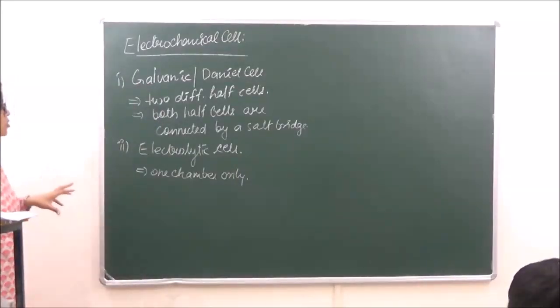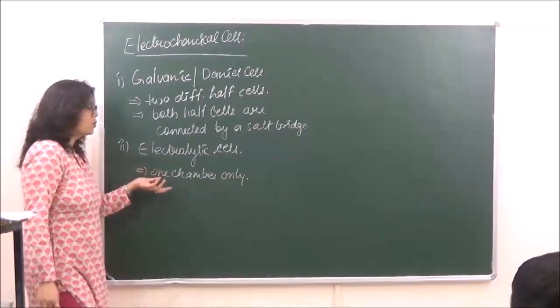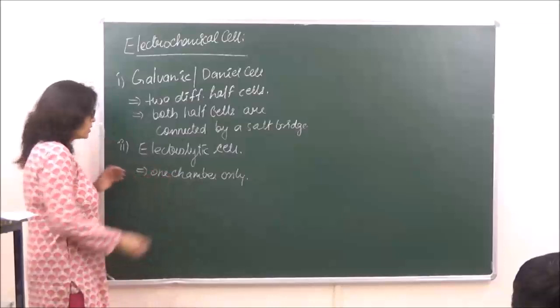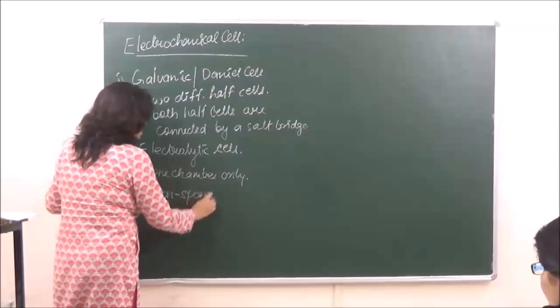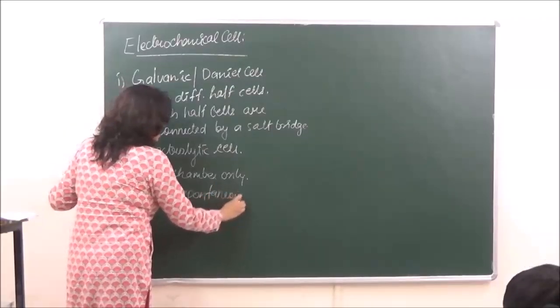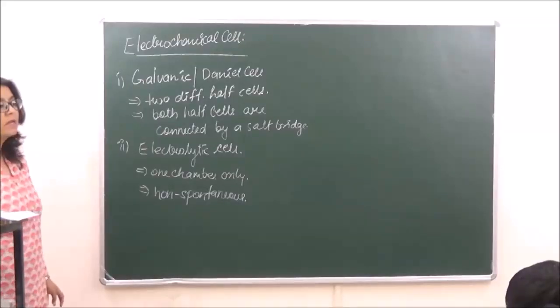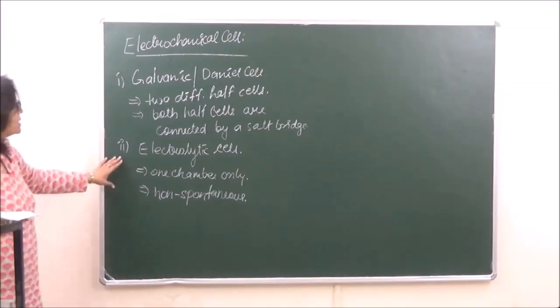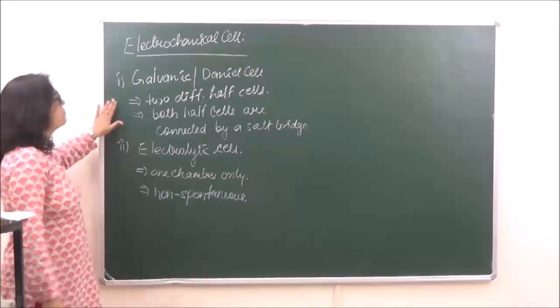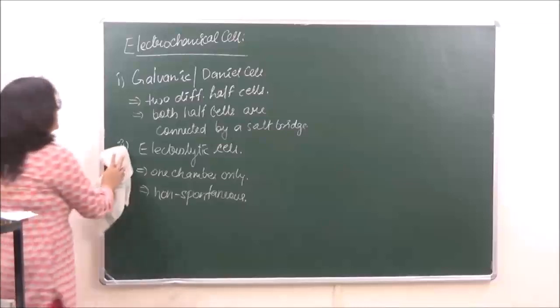There is just one chamber through which we are passing electricity, as a result of which certain non-spontaneous reactions are made spontaneous by giving energy from outside in the form of electric current. The electrolytic cell we have already discussed. So today we are going to discuss the galvanic cell or the Daniell cell.